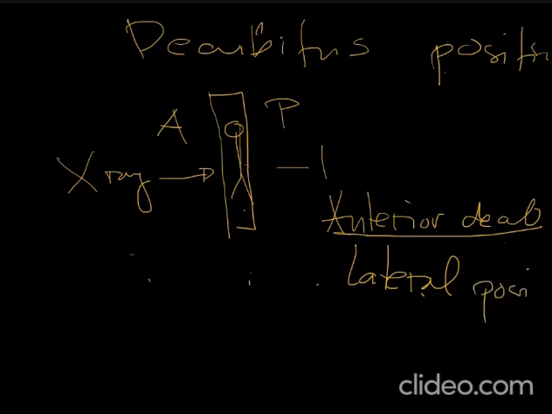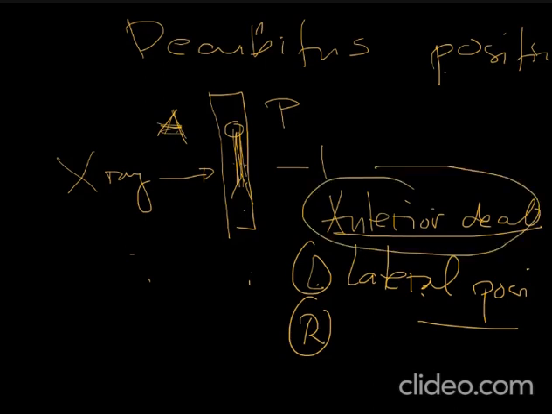Lateral position, because the lateral or the side part of the patient is near the table, either left or right lateral position, but the X-ray tube is at the anterior portion of the patient. This is anterior decube.